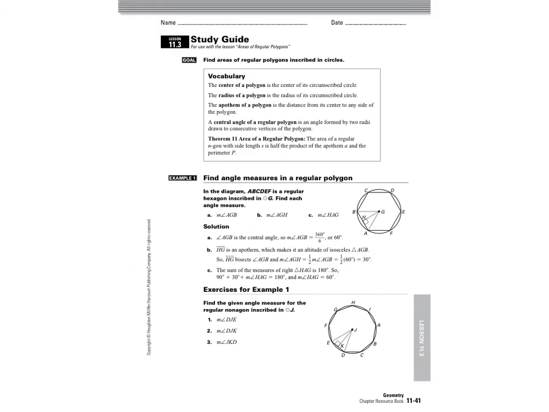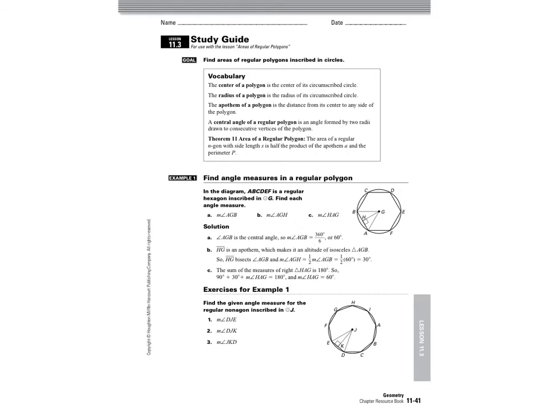All right, from 11.3, this is where we learned how to find the area of a polygon. We knew basic formulas like area of a triangle, area of a rectangle, square, but we never had to calculate, say, the area of a hexagon or an octagon or a decagon.